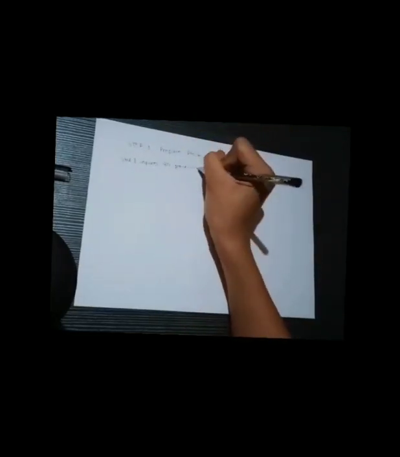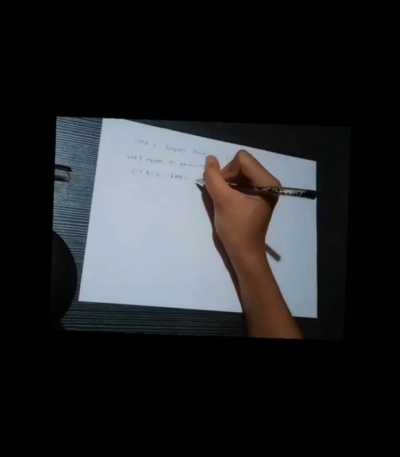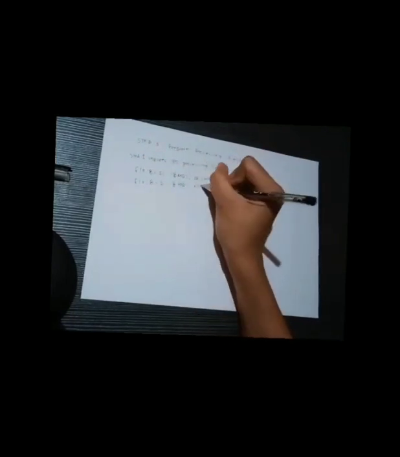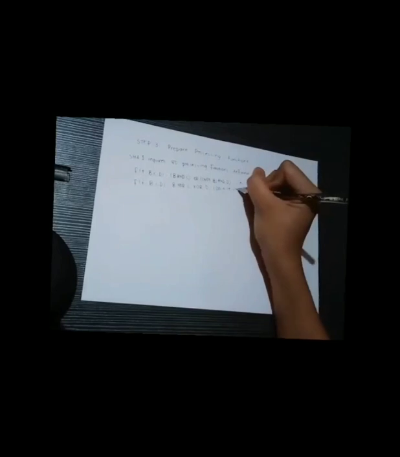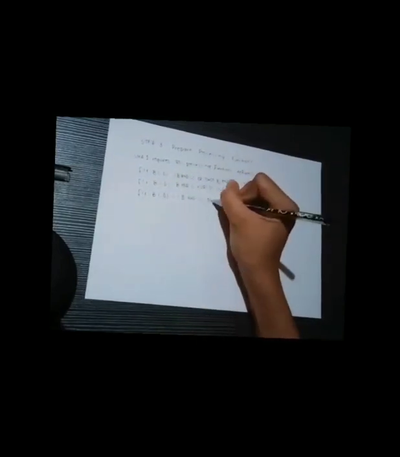Step 3. Prepare processing functions. SHA1 requires 80 processing functions defined as: first, F_t(B, C, D) equals (B and C) or (not B and D), for 0 <= t <= 19.